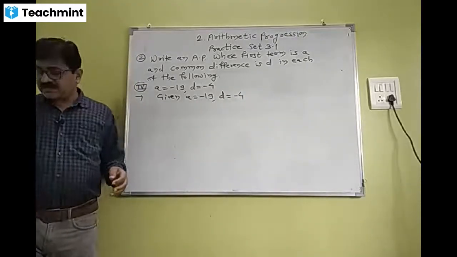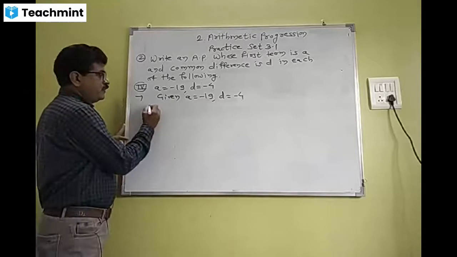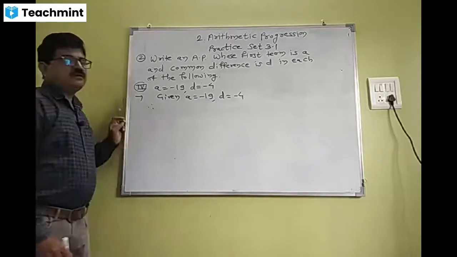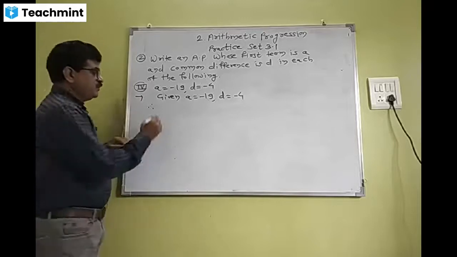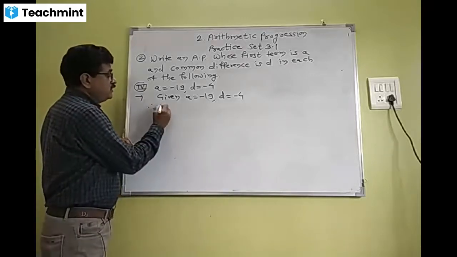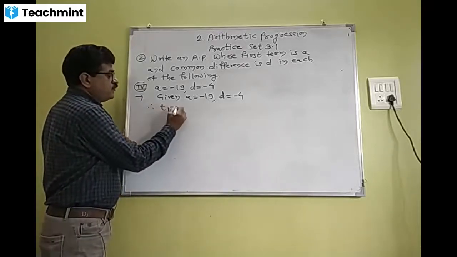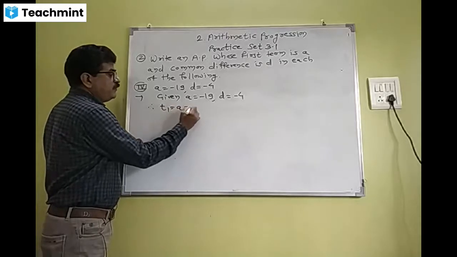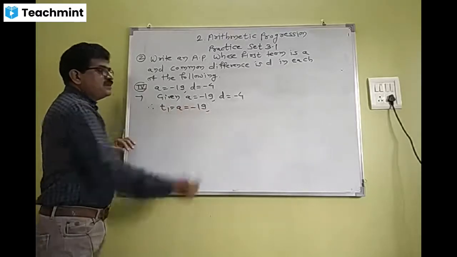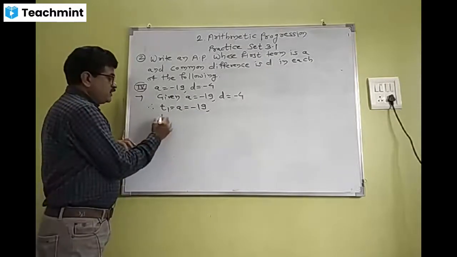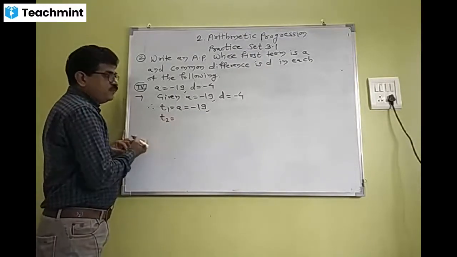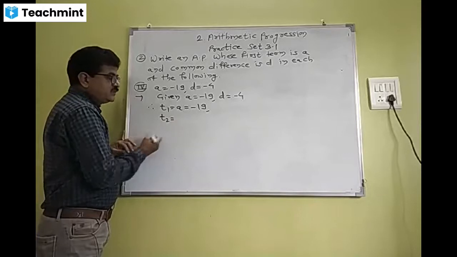Now, what is the first step? We have to write the values of T1, T2, T3 and so on. We have to find value of this. T1 is equal to, first term is equal to A is equal to minus 19. Second term T2 is equal to, सांगा काय लिहायचं?